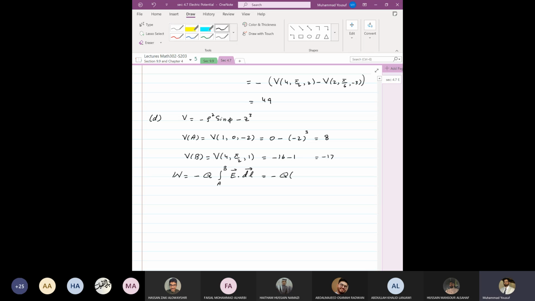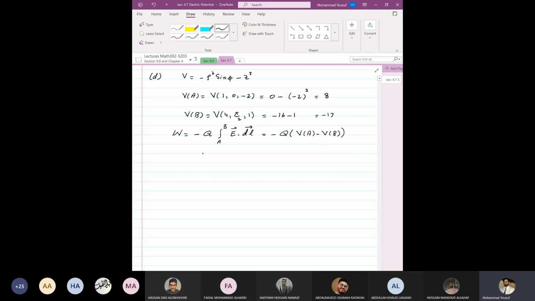Negative Q, and then E dot dl will give us V at A minus V at B. So we put these numbers here: minus 5, and inside, VA minus VB will be equal to 8 minus negative 17, so plus 17. 8 plus 17 is equal to 25.